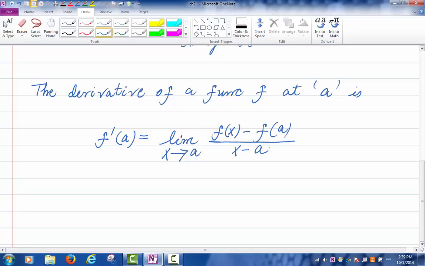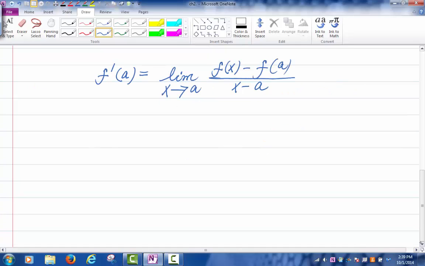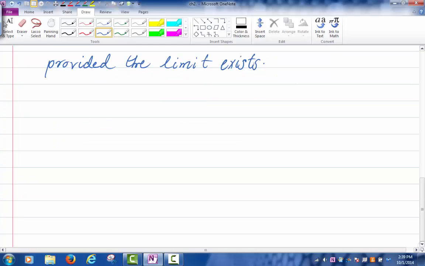Of course, this is provided the limit exists, right? The derivative at A is defined by this limit, provided the limit exists. There is some language that we use in this regard.